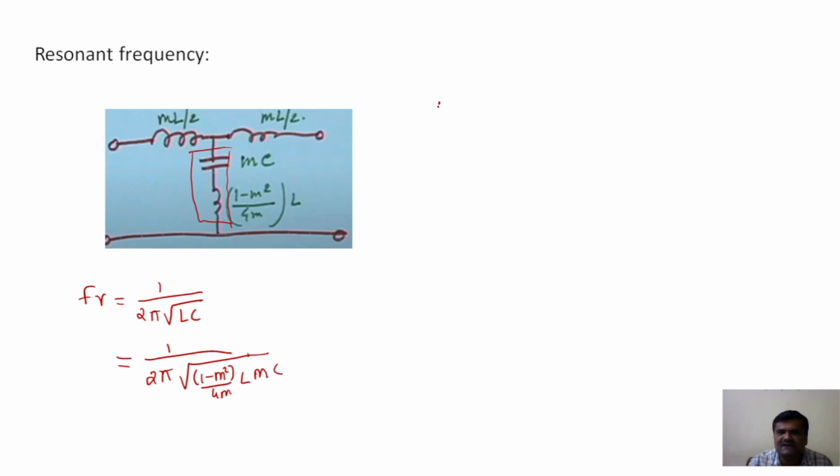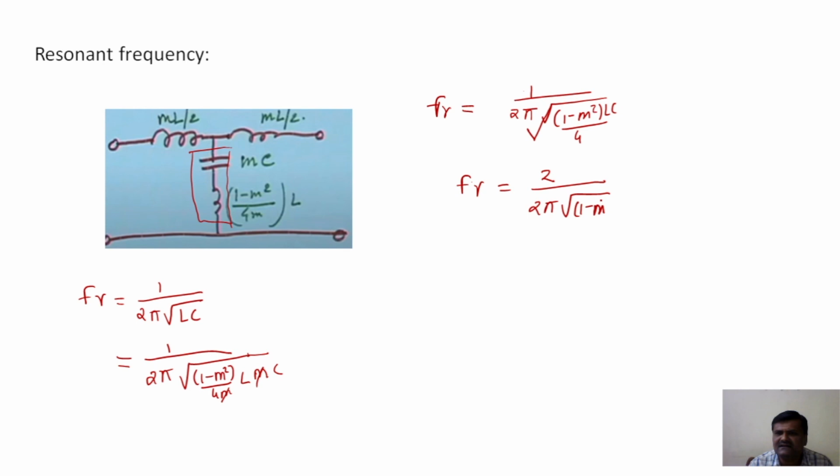So Fr equals 1 divided by 2 pi root of 1 minus m square LC divided by 4, the m cancels. The root of 4 is 2, and the 2s cancel.